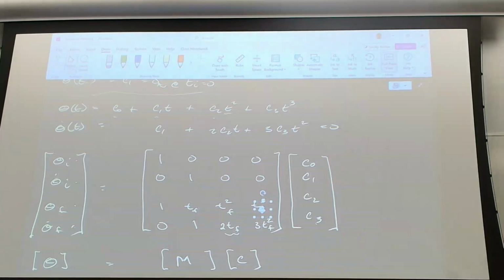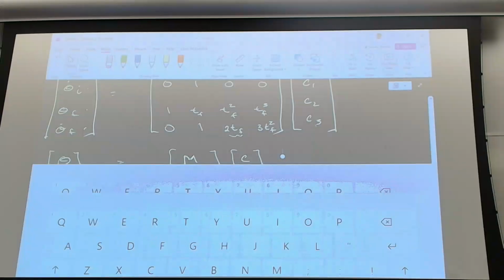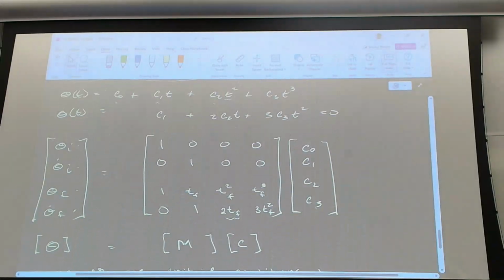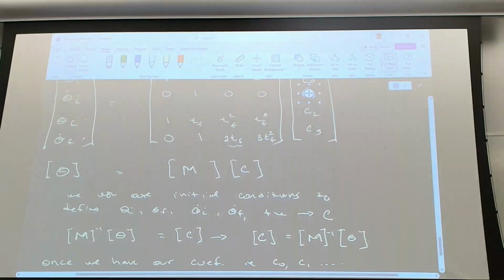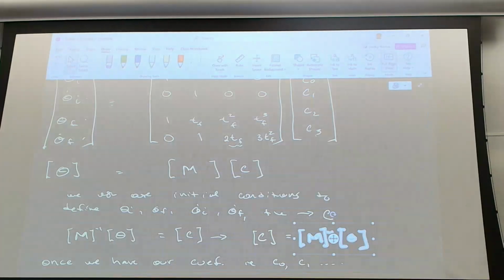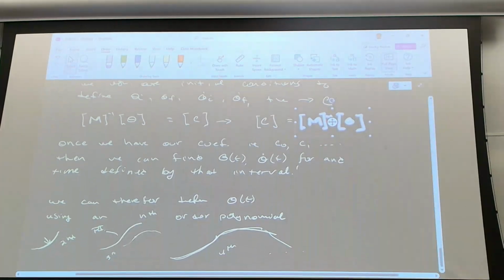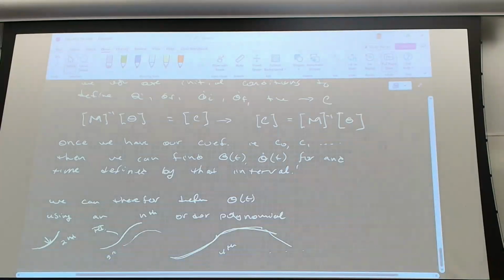Then, using the equation of motion to whatever order we're using, we can come up with what these are going to be. So what is TF? This is going to be a certain value. Here's going to be a TF squared, with the 3 as the coefficient in there. From there, we can just do some very simple linear algebra to solve for our coefficients matrix, and we can do something that looks like this.